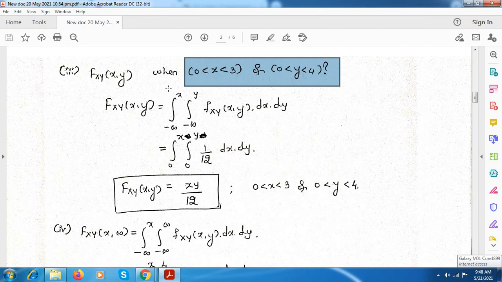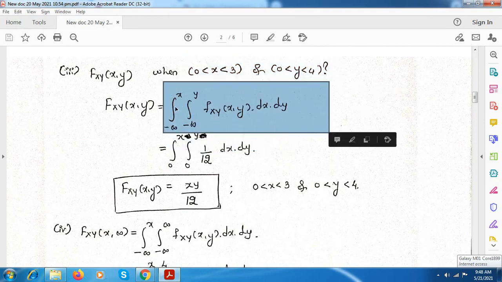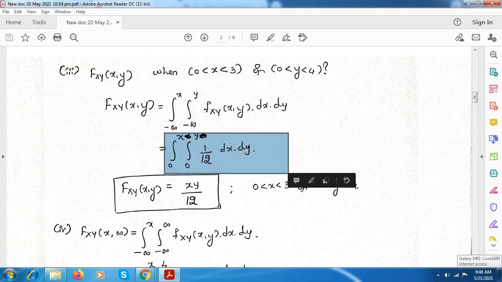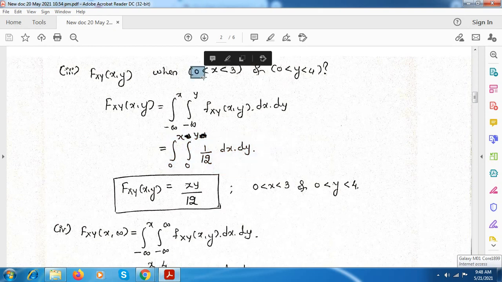So here you have to take this equation for the bivariate CDF, that is integration minus infinity to x and integration minus infinity to y. These both integrations are with respect to x and with respect to y, and here this is the bivariant PDF and dx into dy. So here the limit they have given, here it is minus infinity, but the lower limit which we have is 0 in both the case.